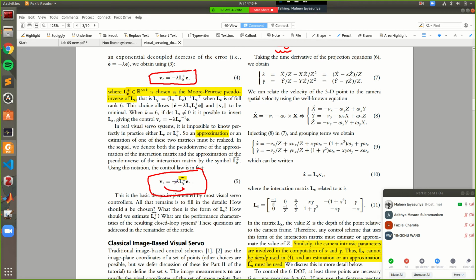But the value that you multiply it by is a much more complex situation, because this error value is given in terms of the features, right? It's not given in terms of the states, if that makes any sense, right?